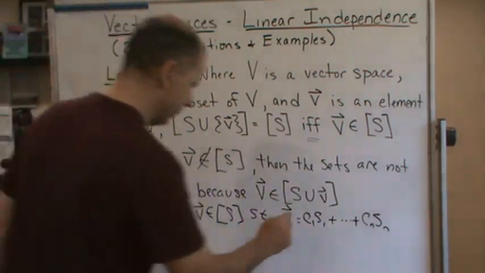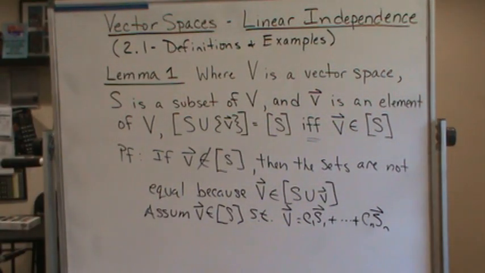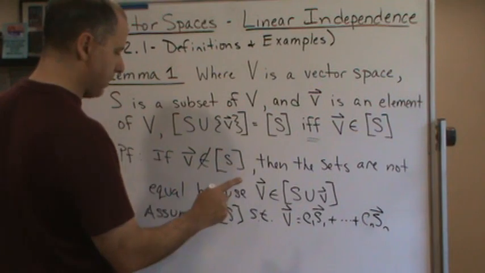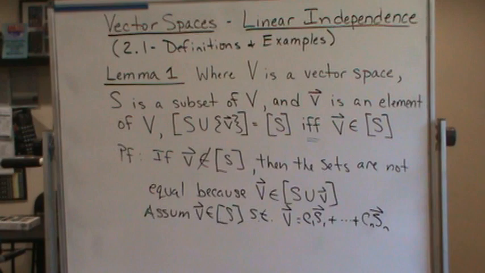Oh, you're forgetting, these are all vectors, for some scalars c sub i and vectors s sub i in S. Now, we're going to use mutual containment to show that this set and this set are equal.